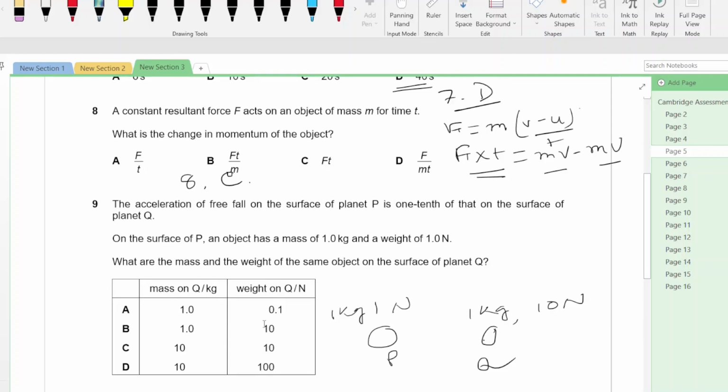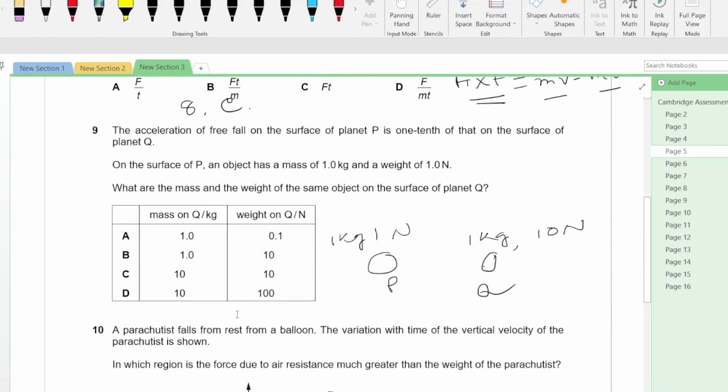Now it is at answer B. Mass is 1 kg and weight is 10 Newton. Therefore, write 9, B.